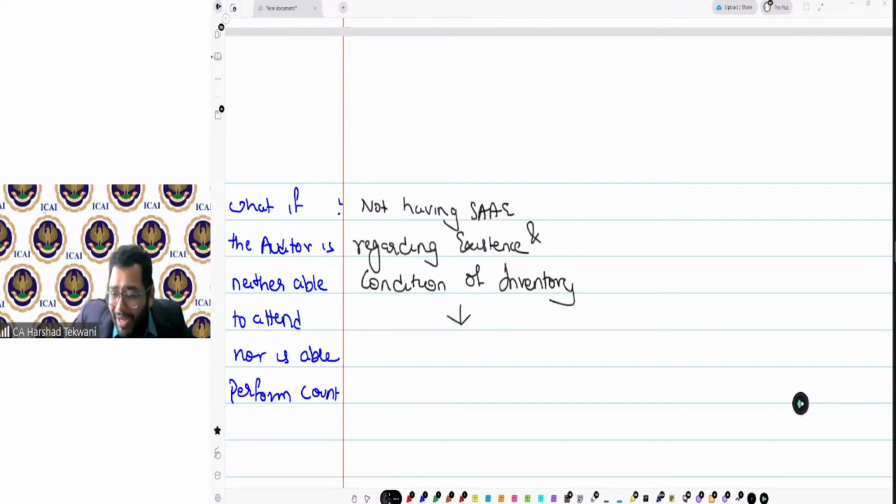Let's say the place is very far and management informed a day before. For example, you are in Chennai and management asks you to visit the count next day early morning in Kashmir. Or you are not able to perform your count.